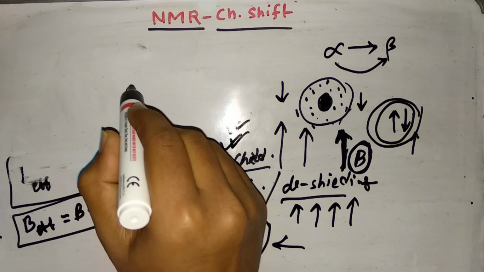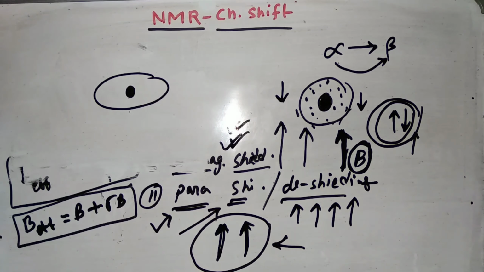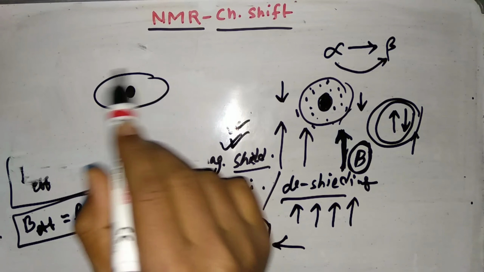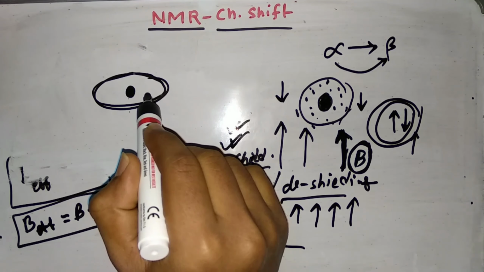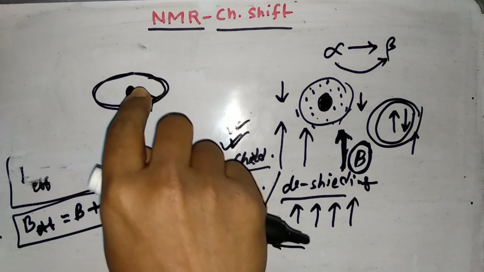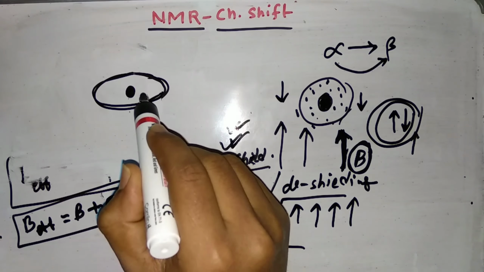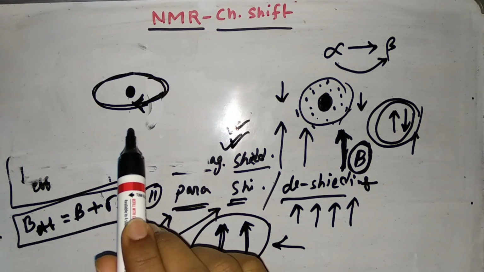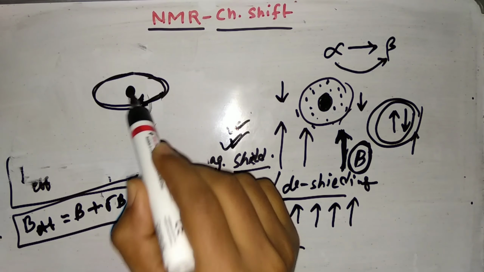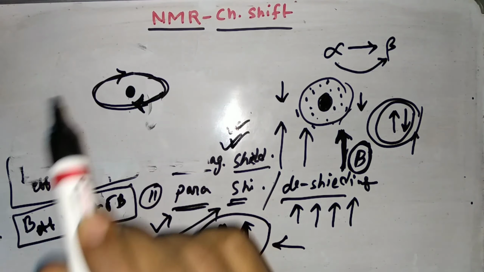Say this is a nucleus, and around itself you can draw like this, this is the way electrons are revolving and creating their own magnetic field. You just remember, I am giving the exact rotation direction. This will be clockwise. The electron's rotation should be clockwise.